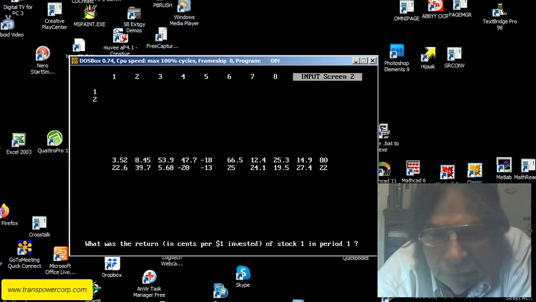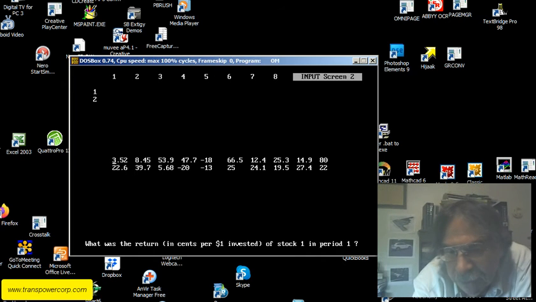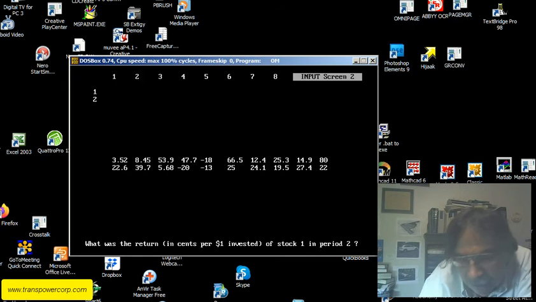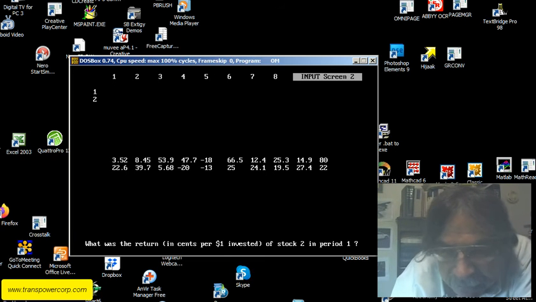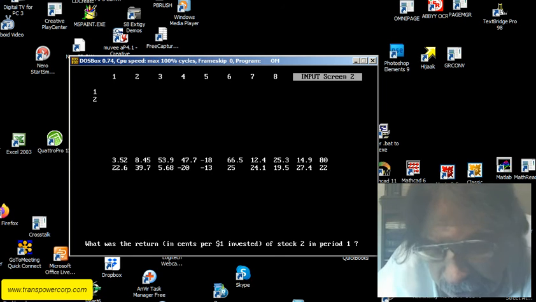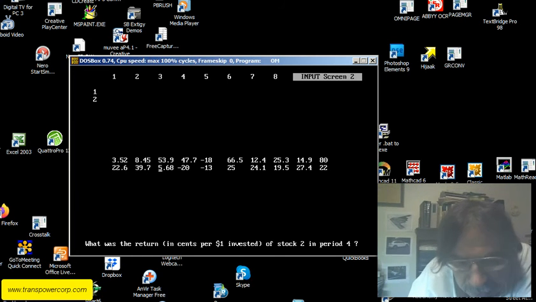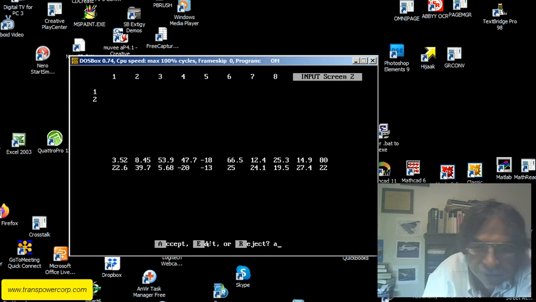It tells you what the number is you're supposed to put in. So in this case, what was the return in cents per dollar invested of stock 1 in period 1? Then in period 2, all the way across, and then what was the return cents per dollar invested of stock 2 in period 1, etc., all the way to period 10. Accept.